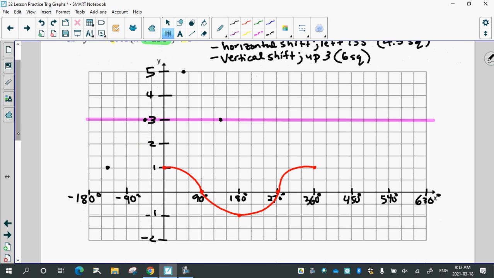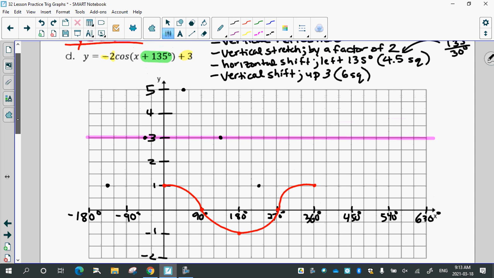And then the last one, vertical reflection, down to -1, vertical stretch down to -2, left 1, 2, 3, 4 and a half, up 1, 2, 3, 4, 5, 6. So that should be your one cycle, okay? And I can see I've got a frown here.